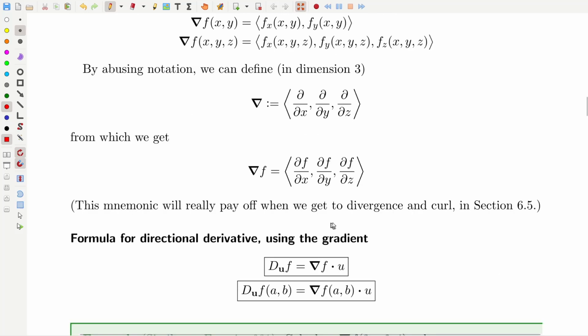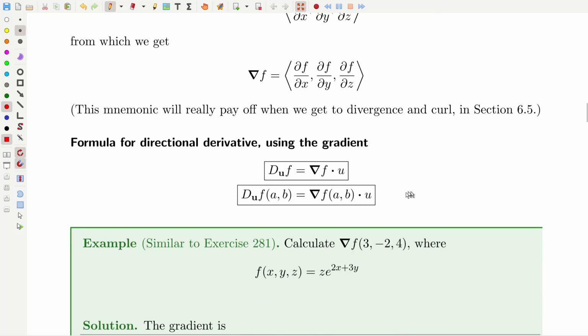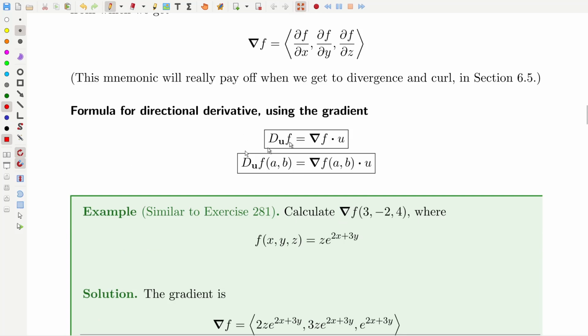Okay. And yeah, so we will later on see that this is also very nice in terms of having a way for us to remember these other two operations, divergence and curl, that will be covered quite a bit later. Okay, but so back to the gradient. So what's going on here?